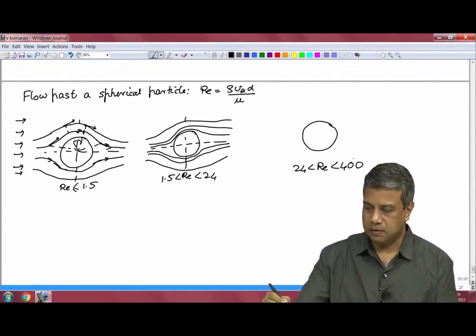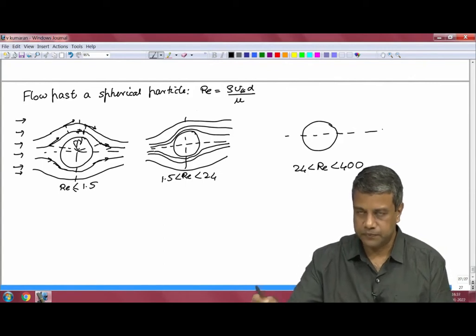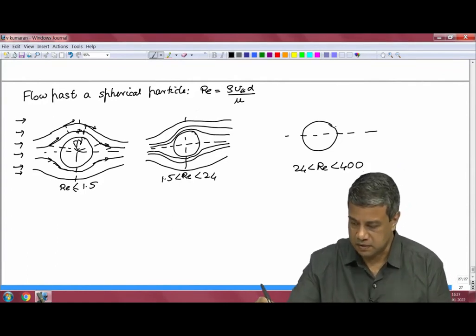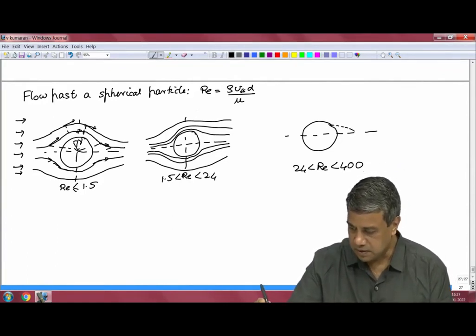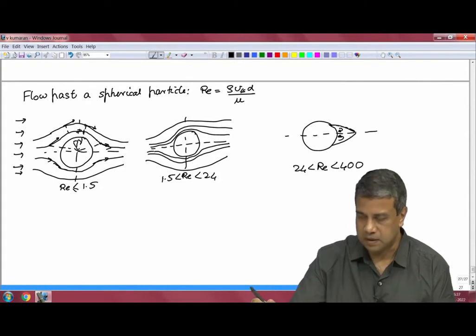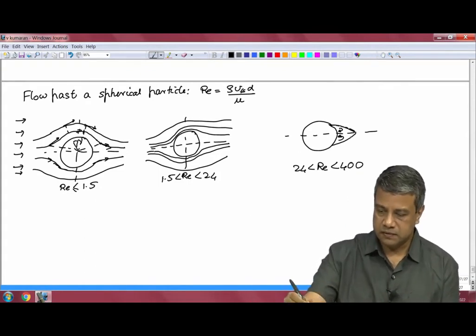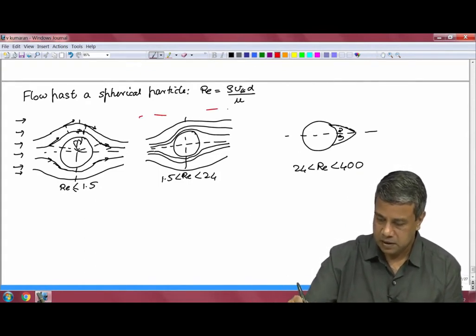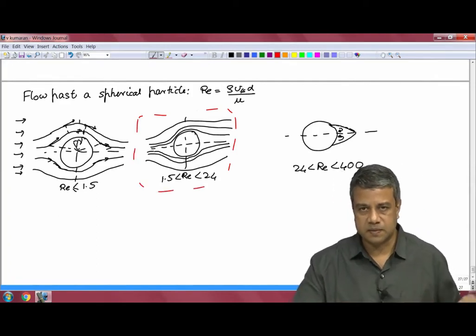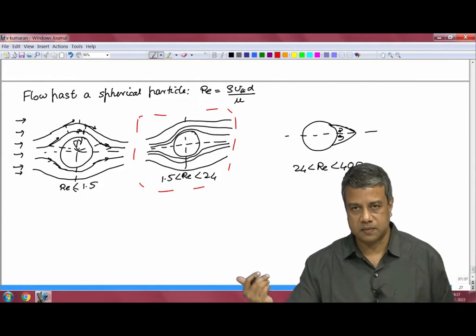in the range of about 24 to about 400 or so, the flow detaches from the surface on the downstream side. So, you have something called a separation bubble on the downstream side, within which the fluid is always recirculating. Recall that for this case, the fluid comes in on the upstream side at minus infinity and leaves at plus infinity.